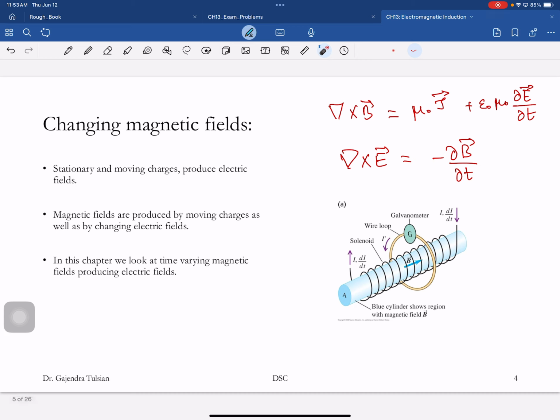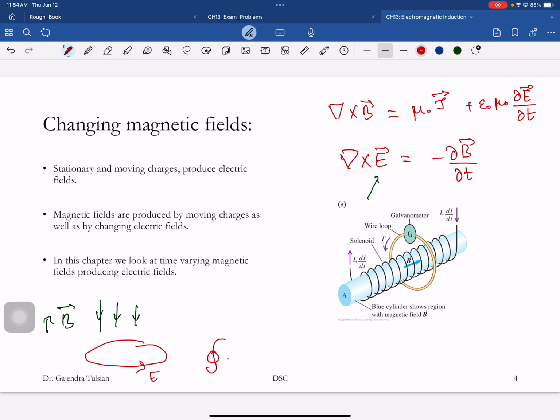Now it turns out that the nature of this electric field is different. I showed you that if the magnetic field is increasing, the electric field is produced like that. This is the electric field.